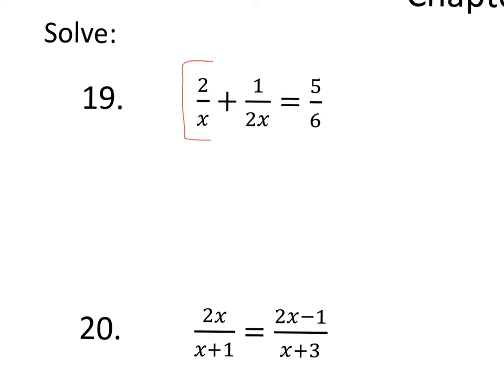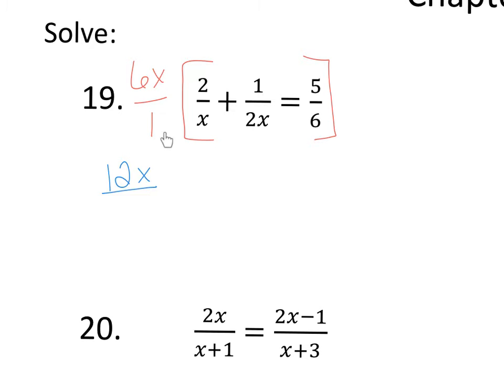We're going to multiply the entire equation times 6x, and we're going to use over 1 for this because you don't have to do the denominators. You're only going to do the numerators. Now when you do this, it's top times top, bottom times bottom, every term, all 3 terms here. So the first one is going to be 6x times 2 is 12x.